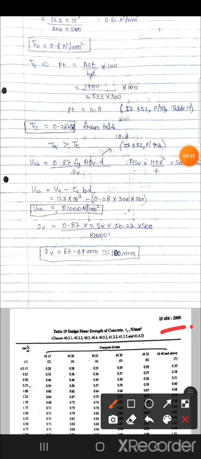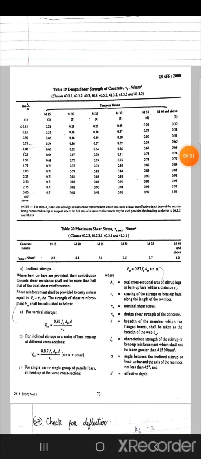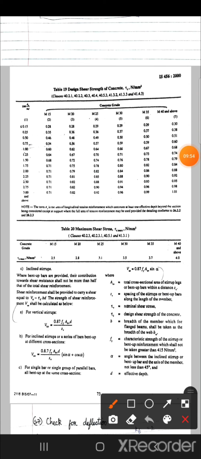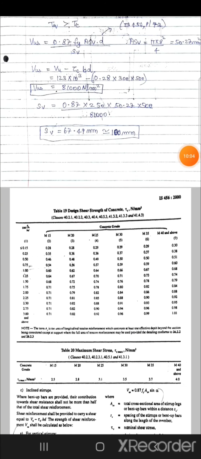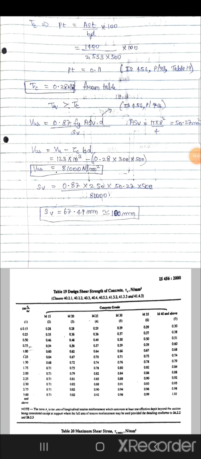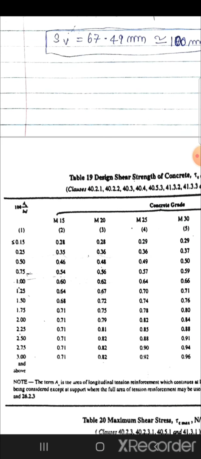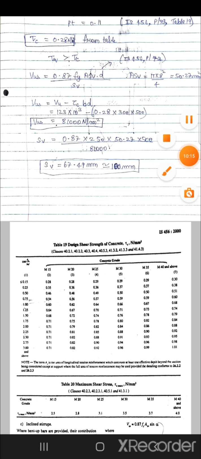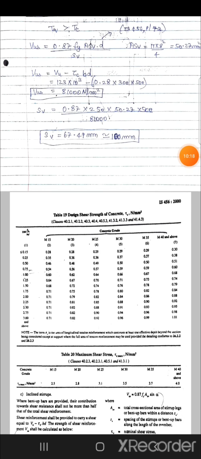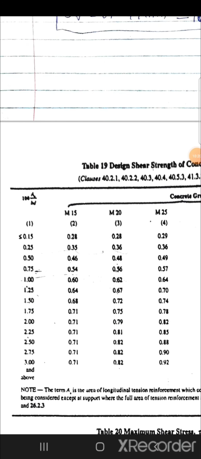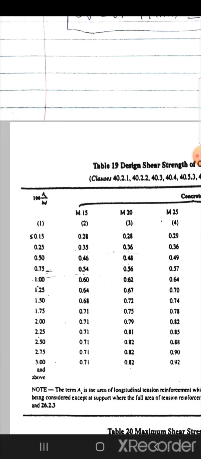So this is IS456 2000 page number 73. This is table 19, and this formula is the percentage formula. So whatever value we have got, 0.11, we must find here, less than 0.15 to 1.15.